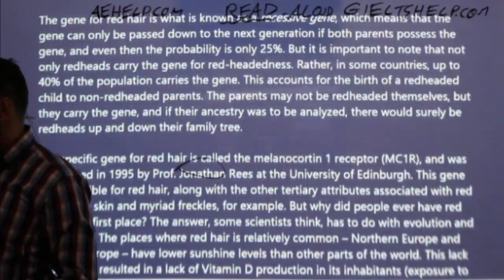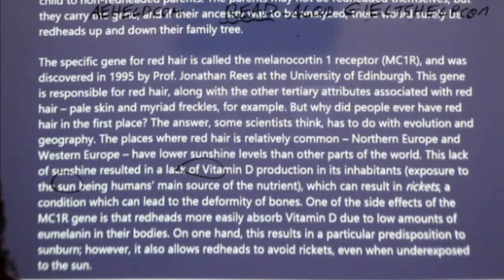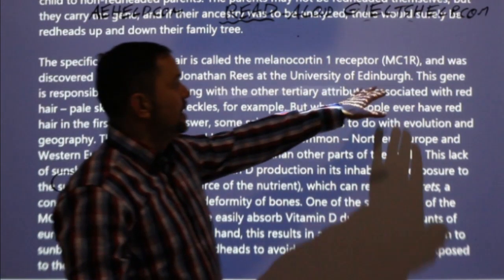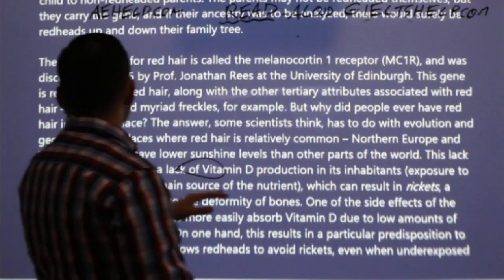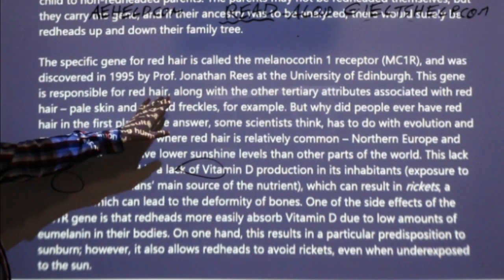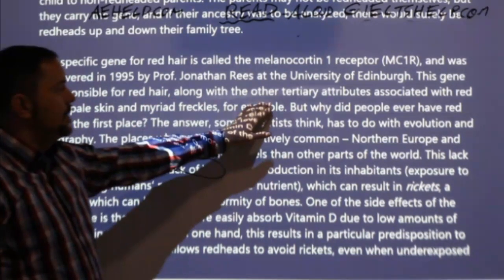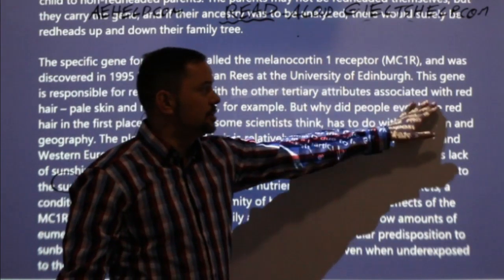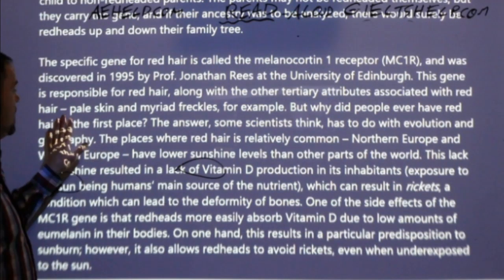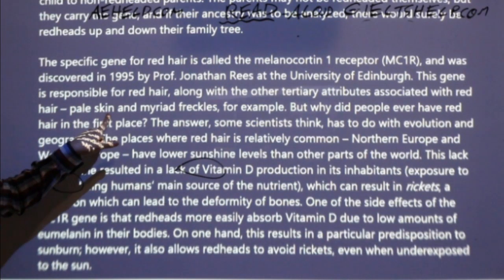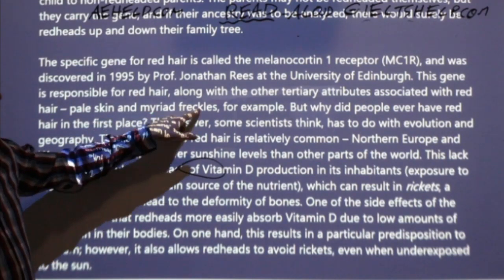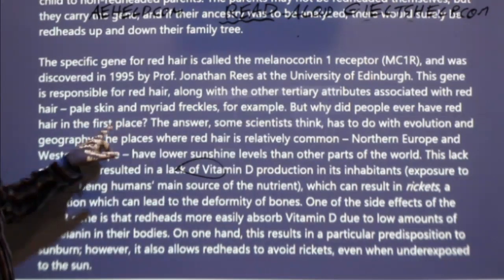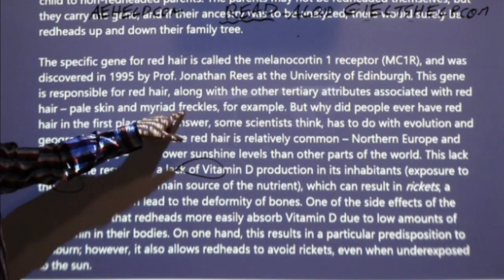Okay, so I have to be careful. The first time that it pops up is here. Okay, and then it says this gene is responsible for red hair along with other tertiary attributes associated with red hair. Pale skin and myriad freckles, for example. So this is the skin and freckles.